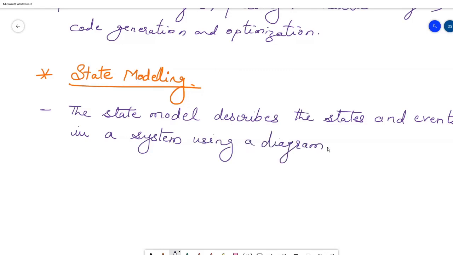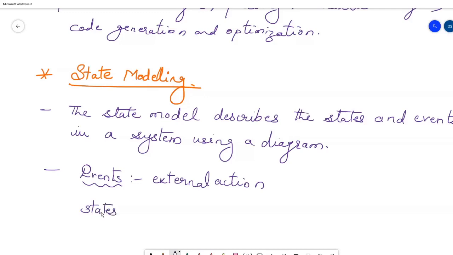Now we'll see how we can represent states or events in diagrammatical form. There are different types of events also. What are these events? Events represent external action, and states represent values of an object.